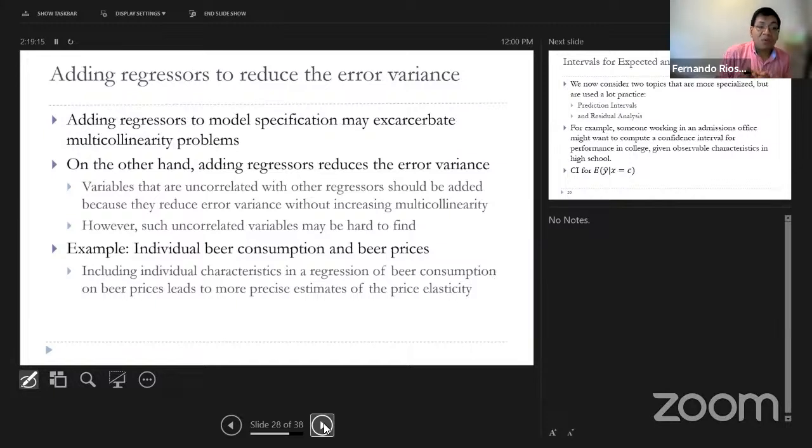However, adding other regressors to your model sometimes can be positive.